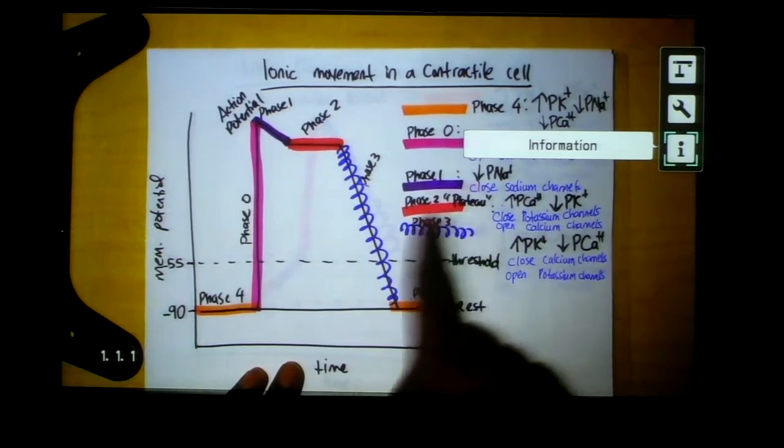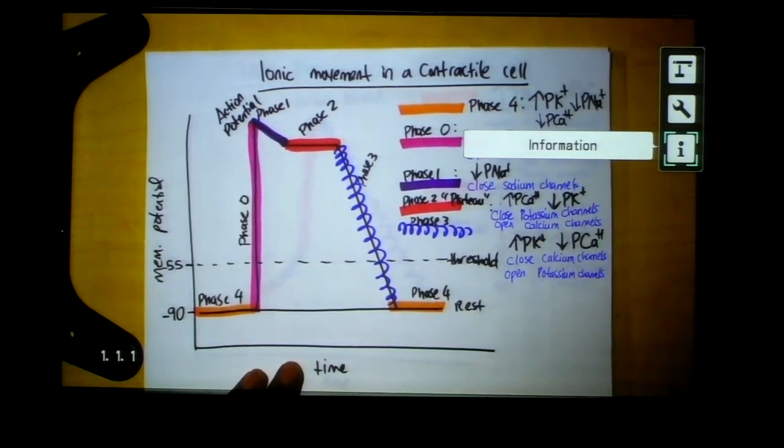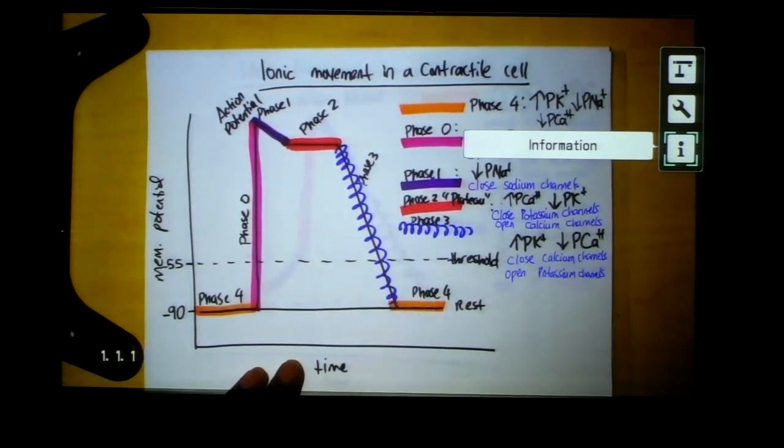Because in this phase, we don't have calcium moving anymore. We've closed those calcium channels. And so what we have now is only the movement of potassium. And we know from prior knowledge that potassium is rushing out, right? That's ECDF. And so it's going to make the inside of the cell more negative. And so the membrane potential reestablishes back to rest, which is negative 90 or so.